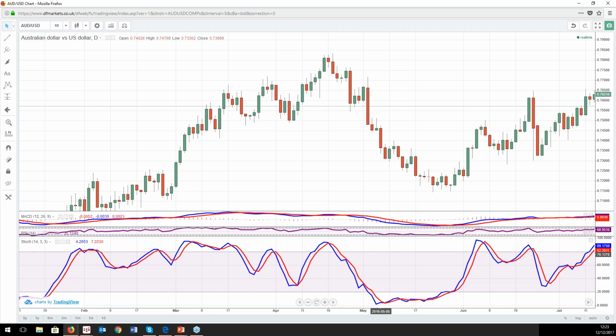That very small shaded region here is our mid-range. Whenever stochastics goes above 80, both of those lines, you are in overbought territory. And every time we drop below 20, which is the bottom line of this, the market is deemed to be moving into oversold territory.